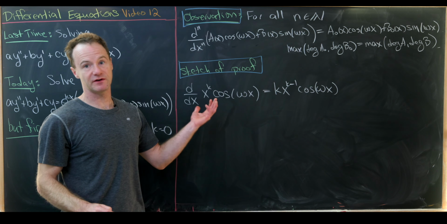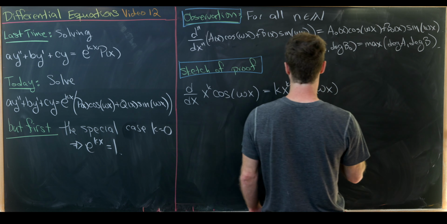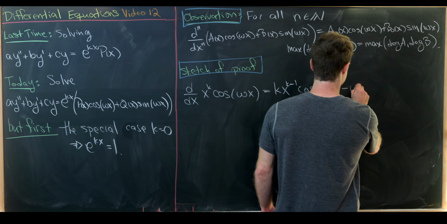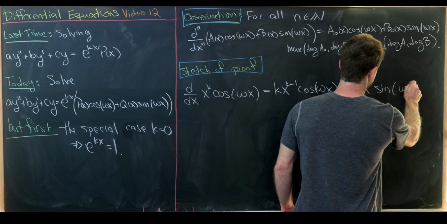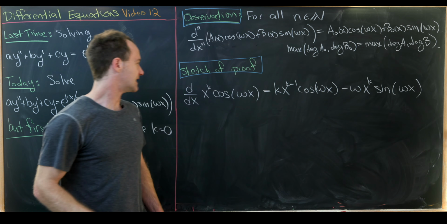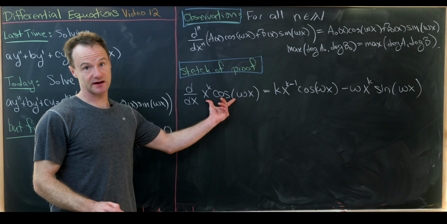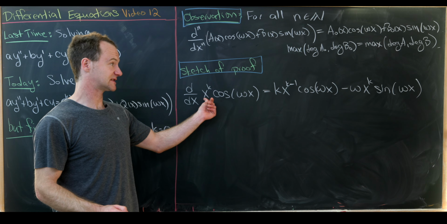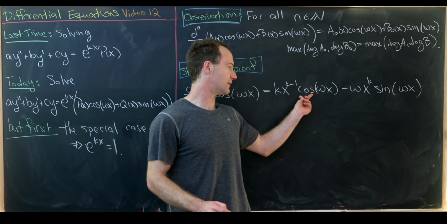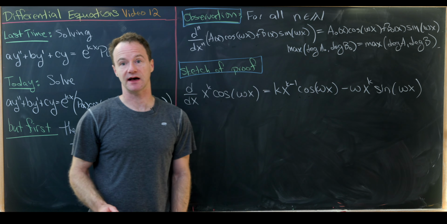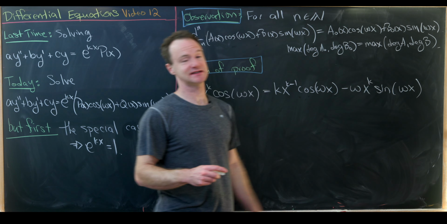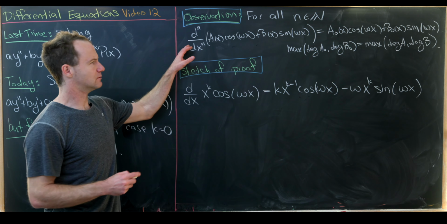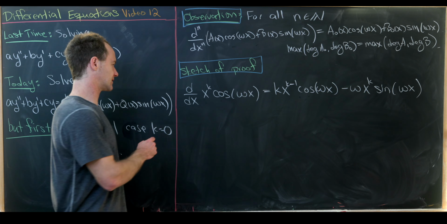And then taking the derivative of the cosine part will give us minus omega times x to the k sine omega x. And now let's notice that here we've got cosine times x to the k, and here we have a combination of cosine and sine, and the highest degree term we see is this x to the k term. So that motivates part of what we're seeing up here.